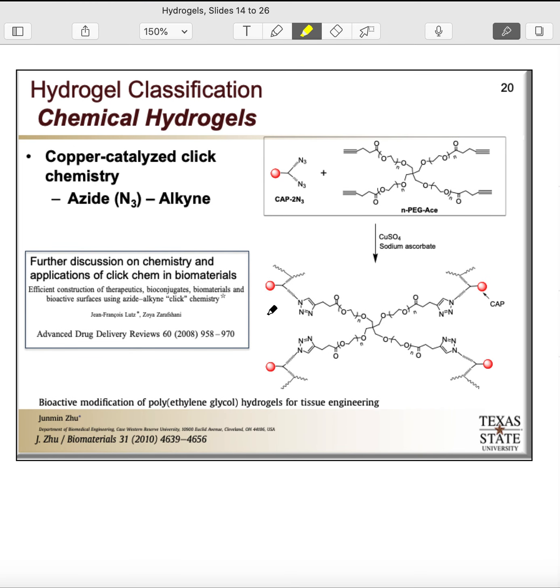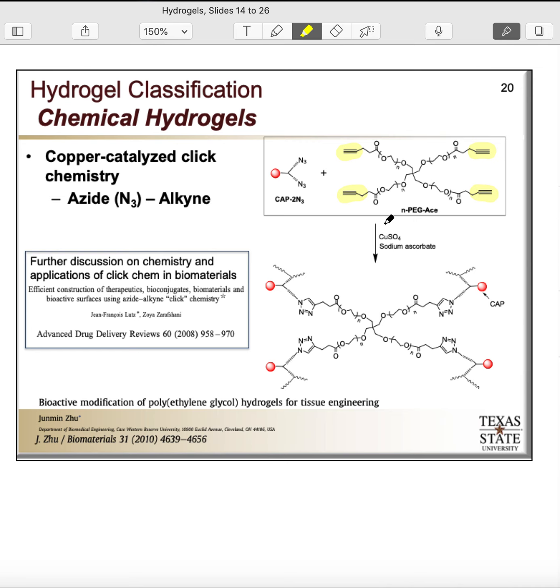Another example here is a copper catalyzed click chemistry, meaning the reaction of azides with alkynes in the presence of copper. As you can see here, they had a cell adhesion peptide, which is the red sphere, that is functionalized with this diazide molecule, and which would be able to react with the alkyne groups of this four-arm polyethylene glycol, forming triazole bonds in between.